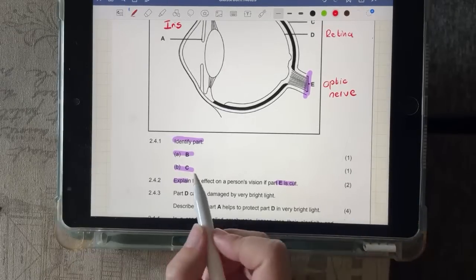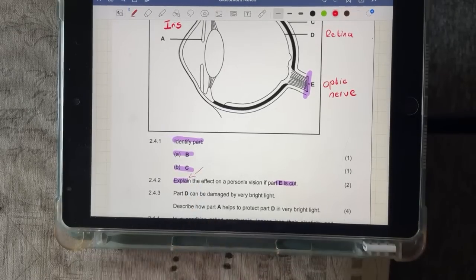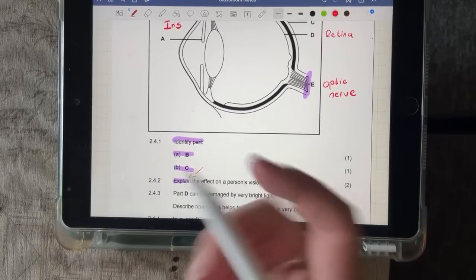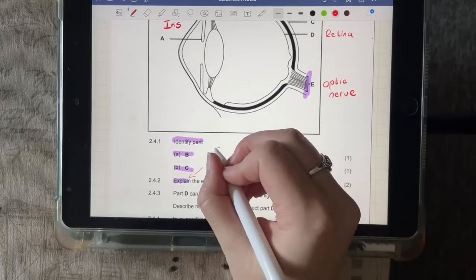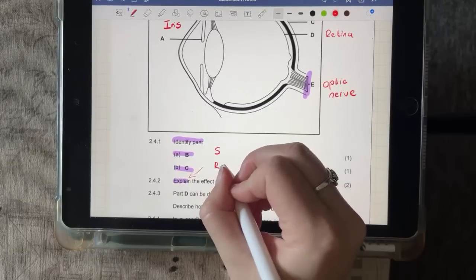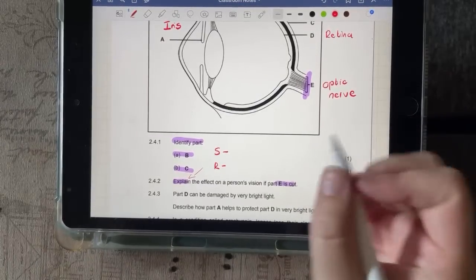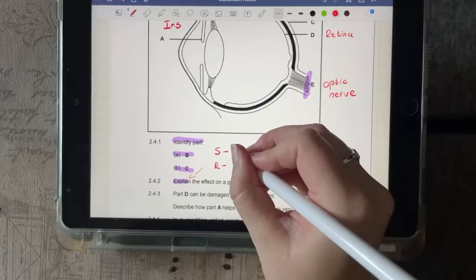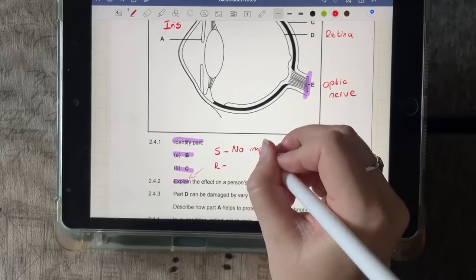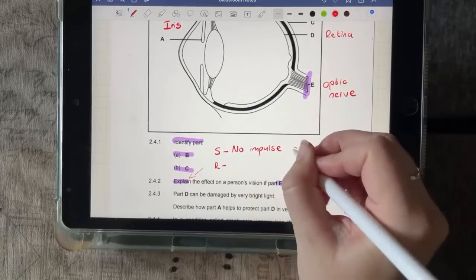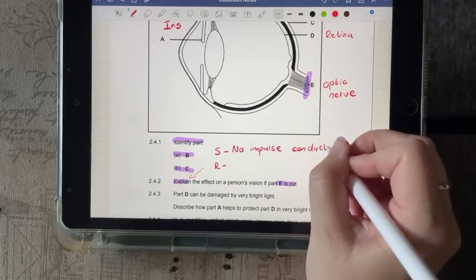Well, remember, this is an explain question. So tomorrow, everybody, if you get an explain question, let's not forget that you always have to give a statement and then a reason, right? So our statement is going to be that if you cut the optic nerve, there will be no impulse conducted.